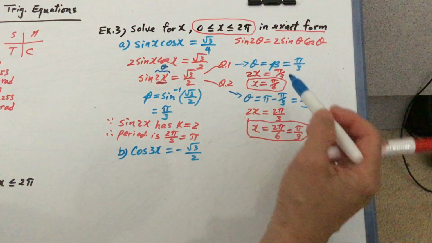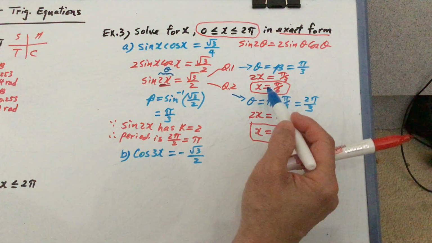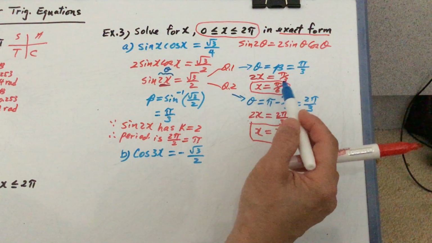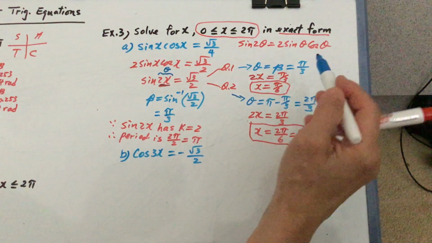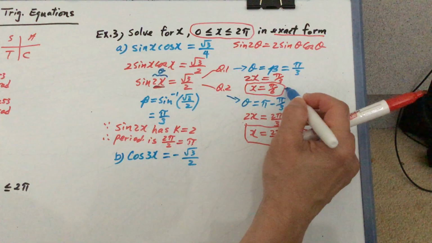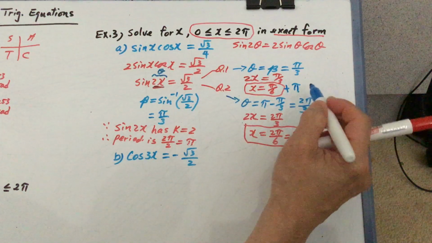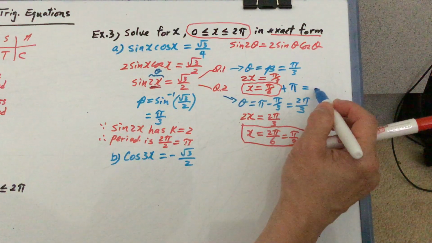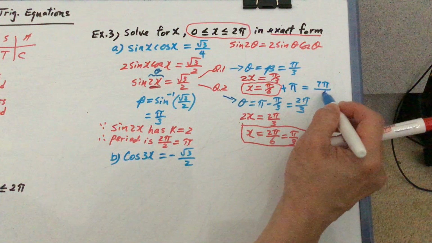So when you have the answer for each of the quadrants for x, for example in quadrant 1, you have x equal to pi over 6. If you are adding another period, so from this solution, when you add a pi to it, you will get another answer, which gives you 7 pi over 6.